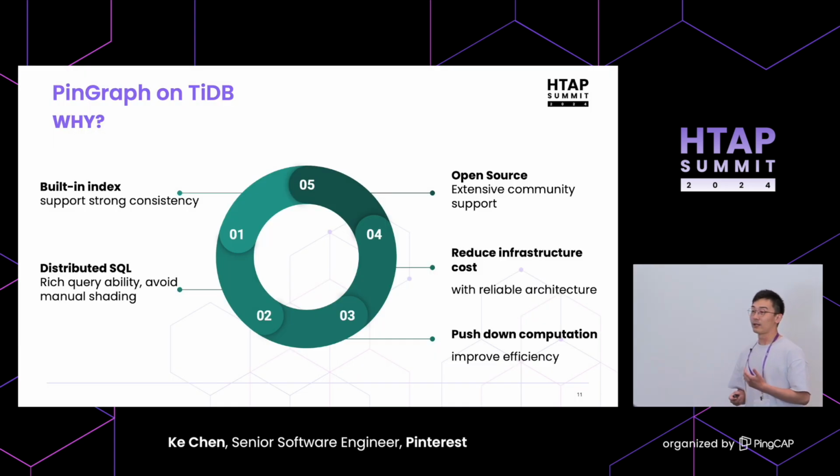And that leads us to think about the new graph service on top of TiDB. We think TiDB can be a good fit for multiple reasons. The first and most important one is the built-in index with strong consistency support.